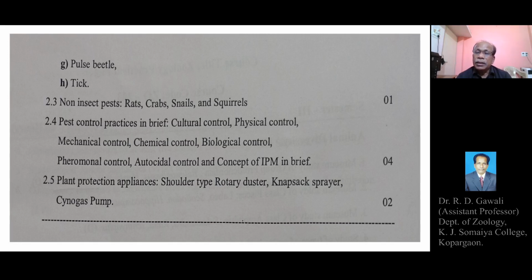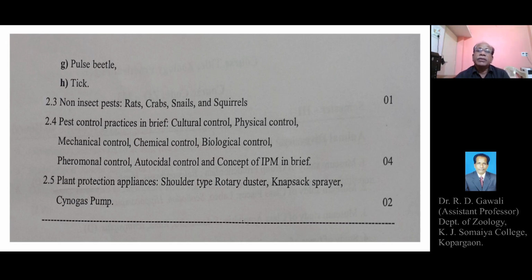And lastly, the pest control practice, that is IPM. IPM means integrated pest management, where we can use almost all or more and more possible control methods at a time.